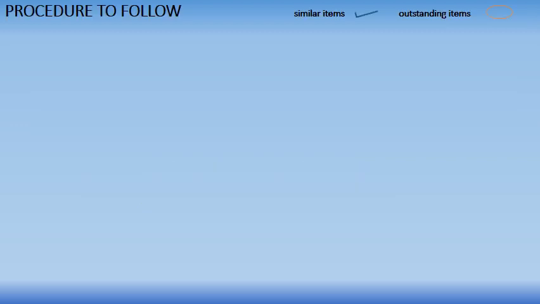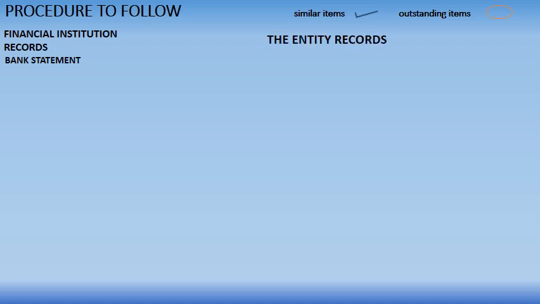The reconciliation procedure will be easier if similar items are marked with a tick while outstanding items are marked with circles. The reconciliation will start by comparing the bank statement received from the financial institution with the entity's records.